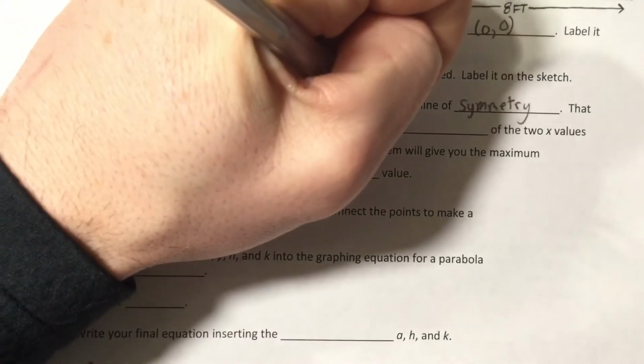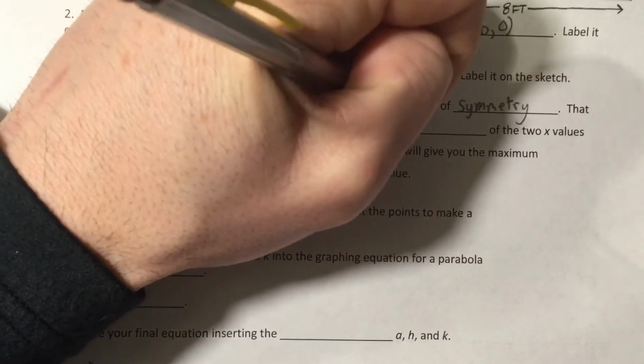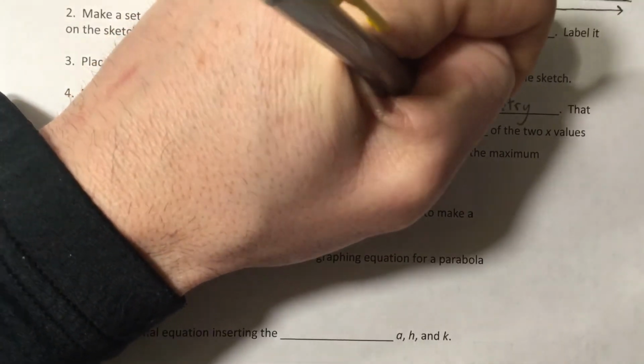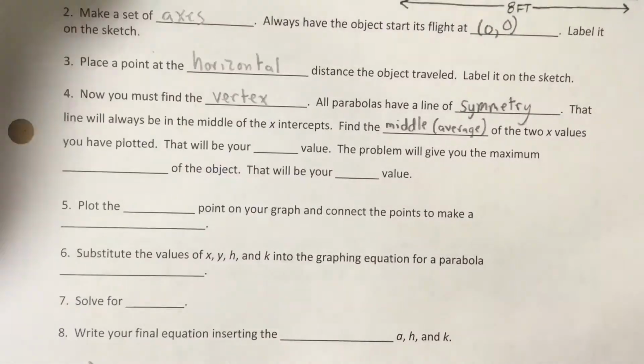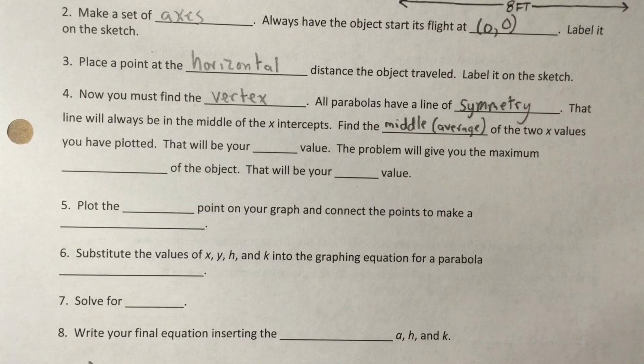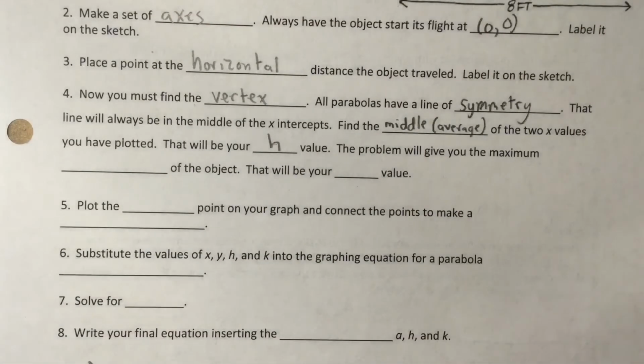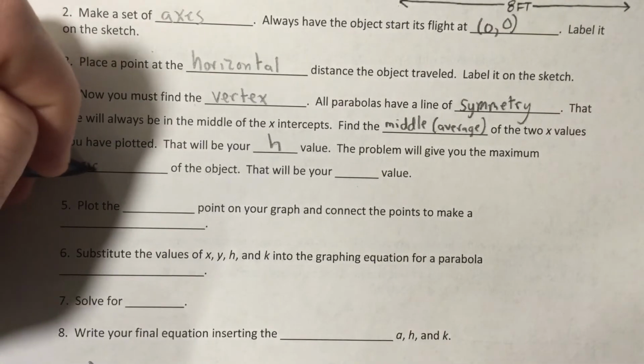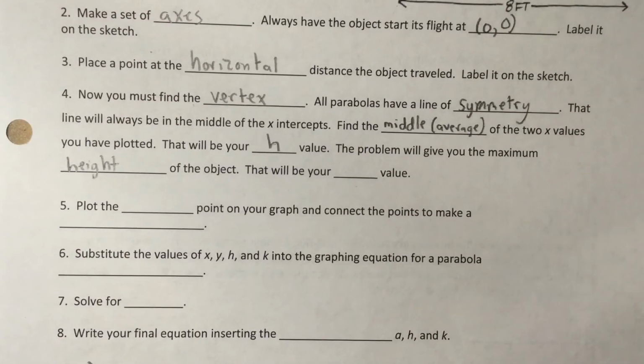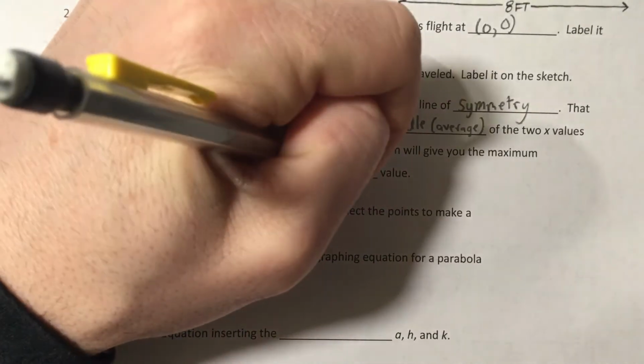Find the middle, or the average, of the two x values you have plotted. This will be your h value. The problem will give you a maximum height of the object. That will be your k value.